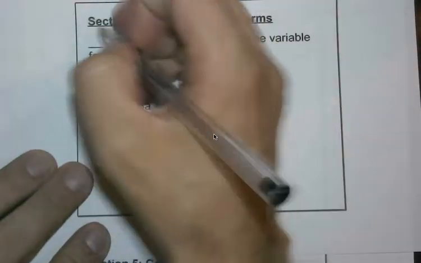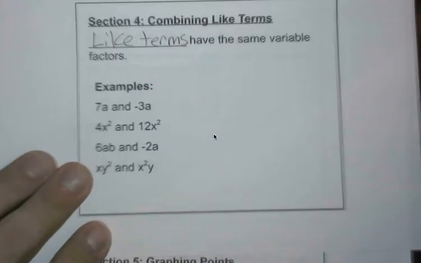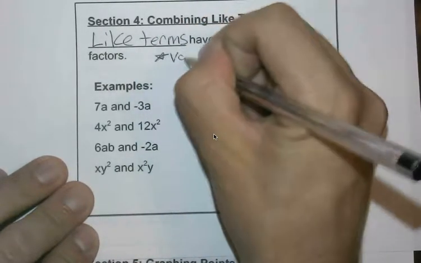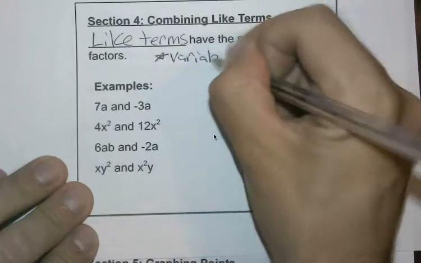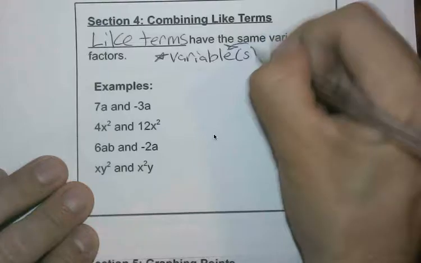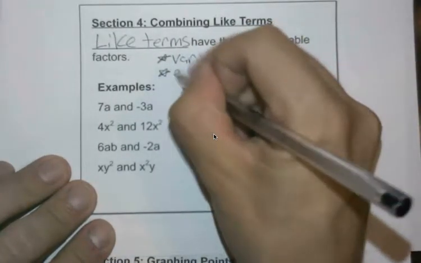So in addition to that, we say that if we are dealing with like terms or common terms, these have the same variable factors. So what does that mean? It means that they have the same variable, occasionally variables, and also the same exponents.